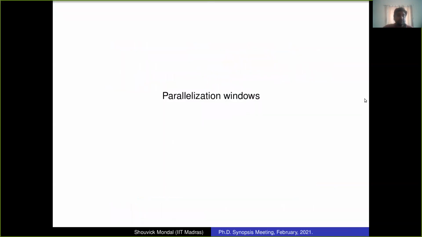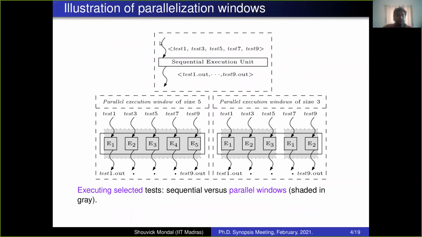So this is the parallelization window, how to execute the selected test cases on a sequential execution unit. 1, 3, 5, 7, and 9 is the order in which they will go into the execution unit, and this is the order in which we will observe the output. So that is sequential. Now, if we have 5 execution units, we can choose a parallelization window of size 5.